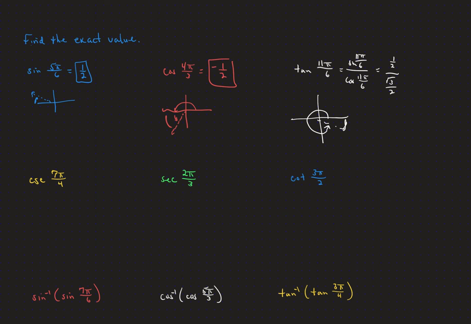In quadrant 4, the sine is negative, but the cosine is positive, and so when we multiply by that reciprocal, the 2's will cancel, we'll get a negative 1 over square root of 3, which we will rationalize in order to get negative square root of 3 over 3.